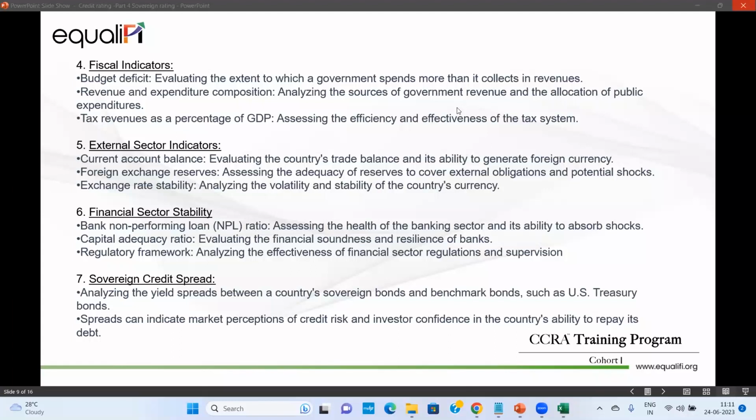When we talk about a country's NPA, obviously it is an indicator of my overall economic performance in quantitative terms, right? Currently in 23, it is around 3.8%.